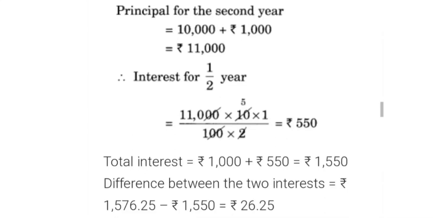So now we will find for the half year. So 11,000 into 10 into 1 upon 100 into 2. Now simplify, so it will come 550. So the total interest is 1,000 plus 550, means total interest is 1,550. Now find the difference. So the difference is 26.25 rupees. Okay.